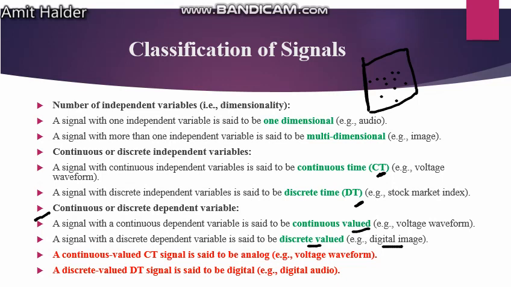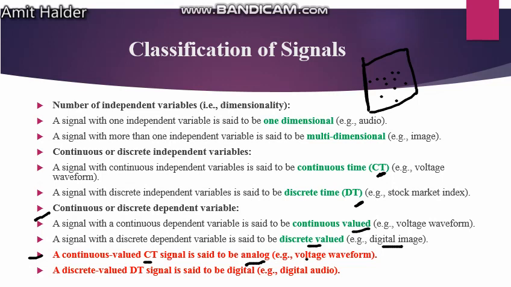Okay, a continuous valued CT signal, that is continuous time signal, is said to be analog. That is the analog signal. Now another part of classification came. The continuous valued signal is said to be analog signal. That means that an analog signal has each and every attribute at each and every time.